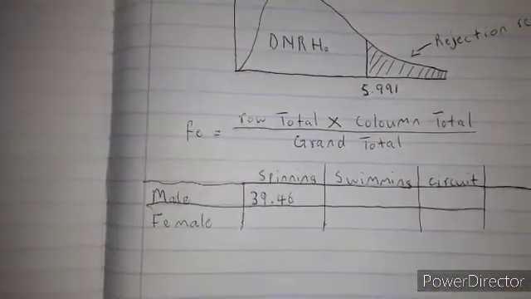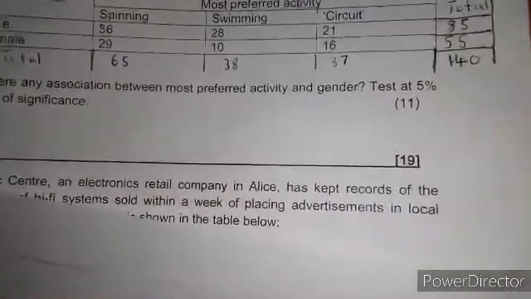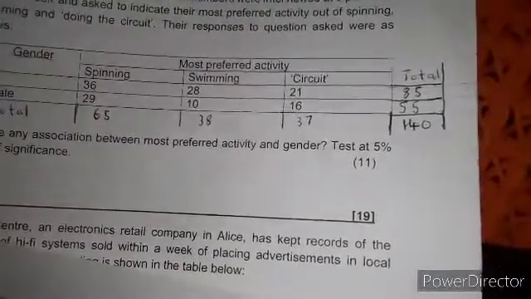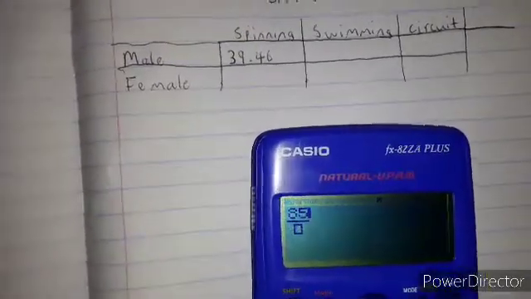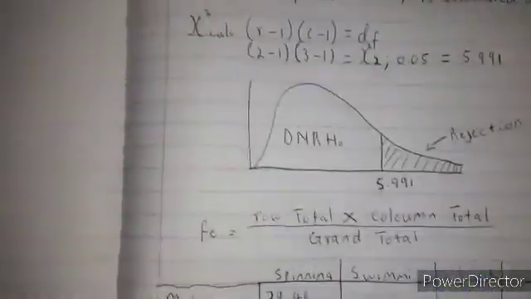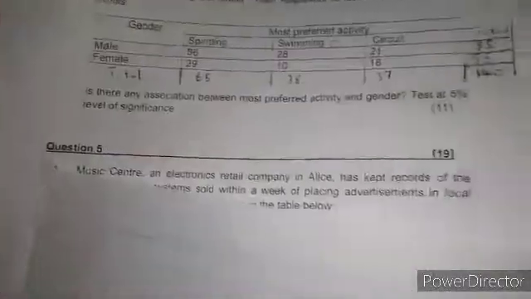Then we go to the next column, but we are on the same row, which means the row total is still 85. So 85 times, but we are on the swimming column, so we are going to use 38.